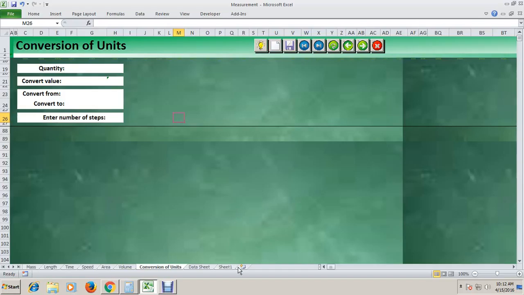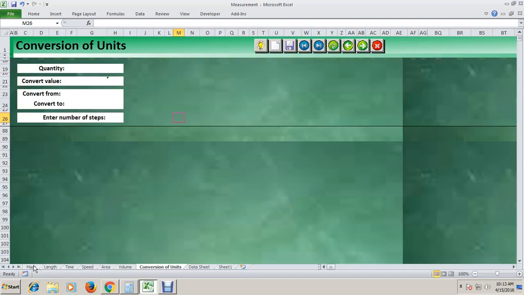Okay, so before we proceed with the actual conversion of units, let me introduce again some of the quantities that we're going to make use of in our conversion. In order to properly convert any quantity that is expressed in one given unit and we want to express that number in a different set of units, we need to first recall that there is a conversion factor between these units.